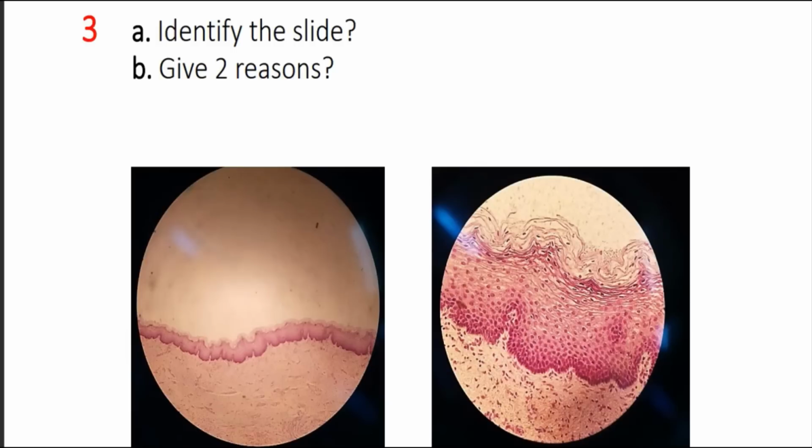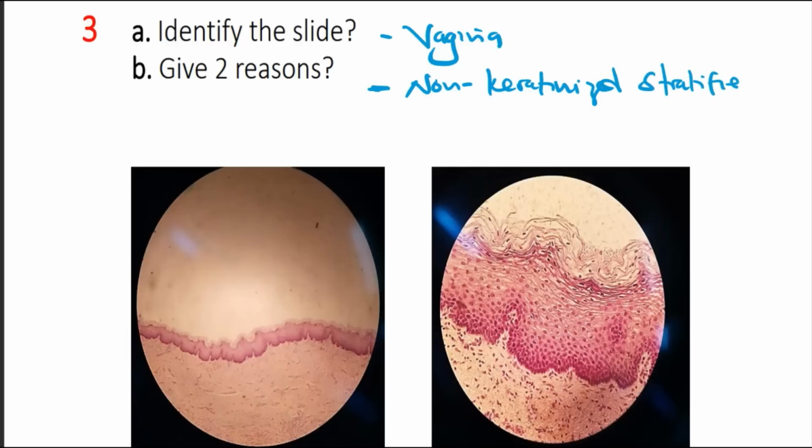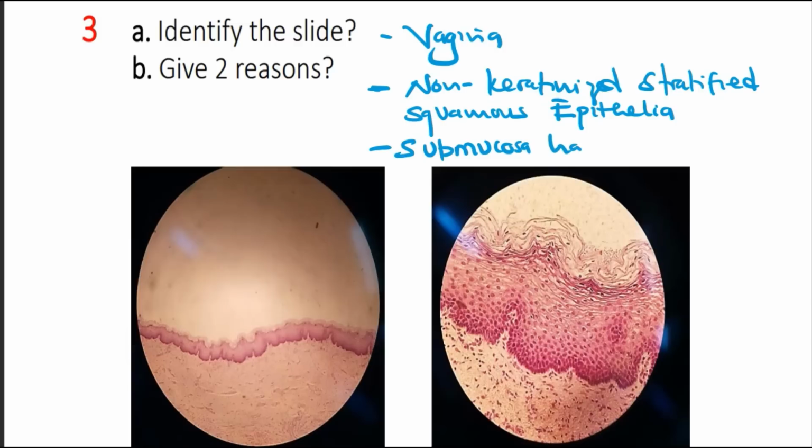Identify the slide. Looking at the slide, this is the vagina. Reasons why: number 1, it has non-keratinized stratified squamous epithelia. And then the submucosa has no glands.